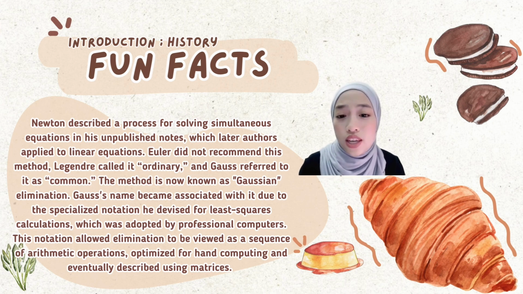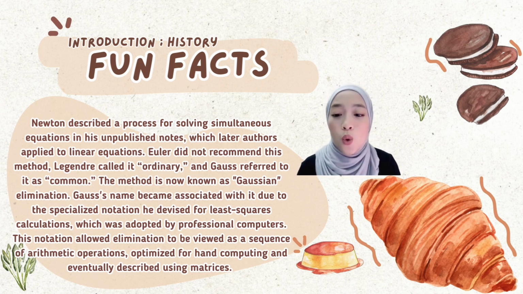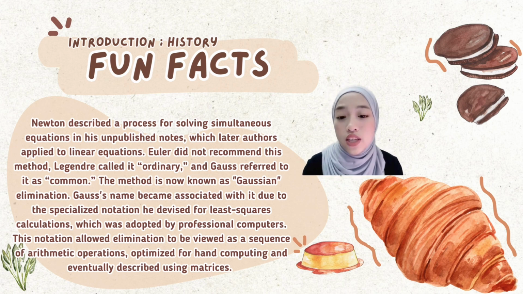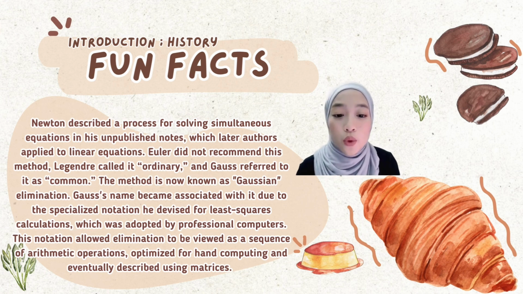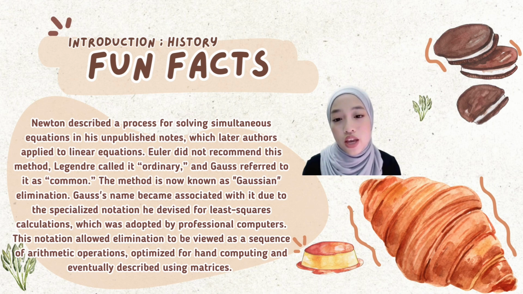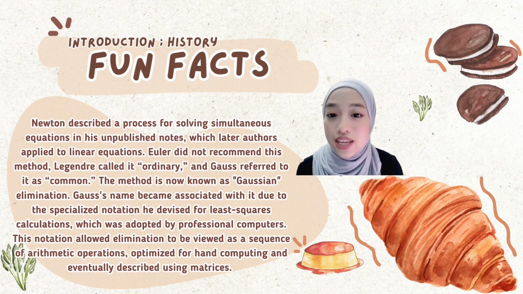Gauss' name became associated with it due to the specialized notation he devised for least squares calculation, which was adopted by professional computers. This notation allowed elimination to be viewed as a sequence of arithmetic operations, optimized for hand computing and eventually described using matrices.